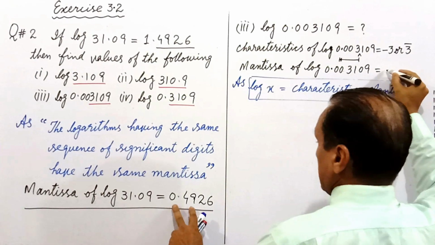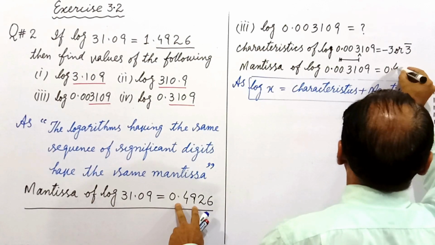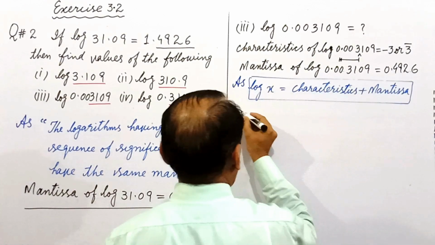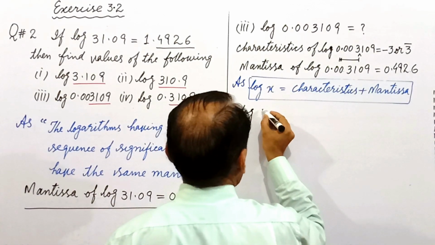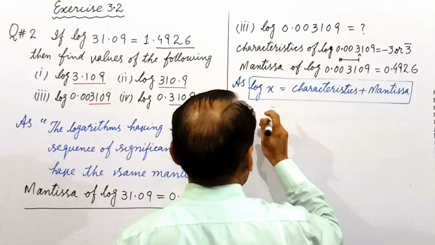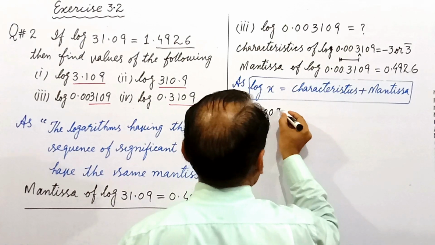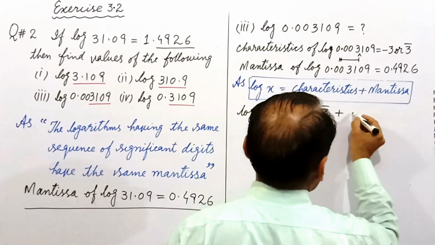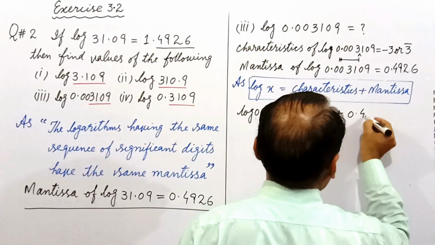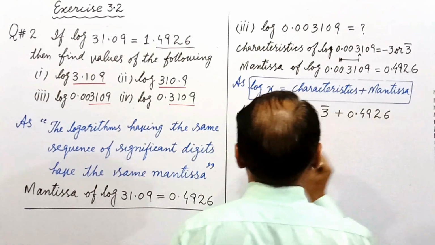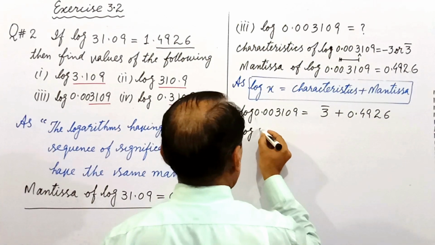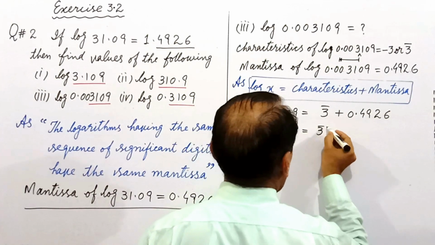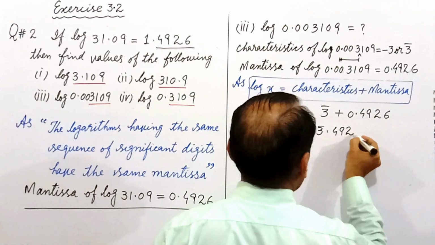So the mantissa is 0.4926. By replacing the values, log 0.003109 is equal to, characteristic is 3 bar, whereas mantissa is 0.4926. Hence, the value of log 0.003109 is equal to 3 bar 0.4926.